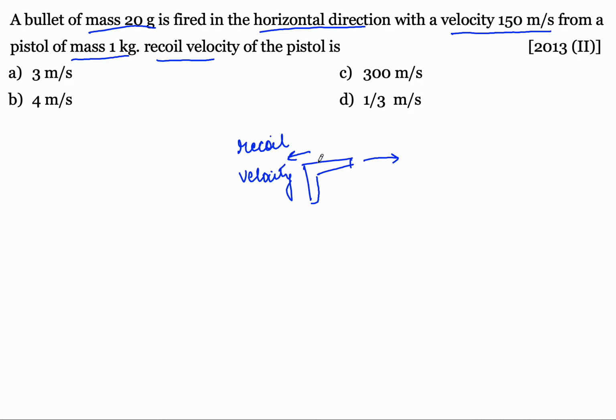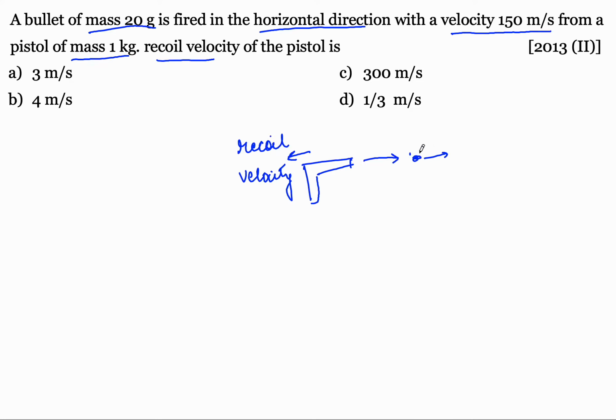So it is the velocity with which the pistol is going to come back in the backward direction, and the bullet is moving, let's say, in this direction, in forward direction. From Newton's third law of motion, you can say with every action there is an equal and opposite reaction.